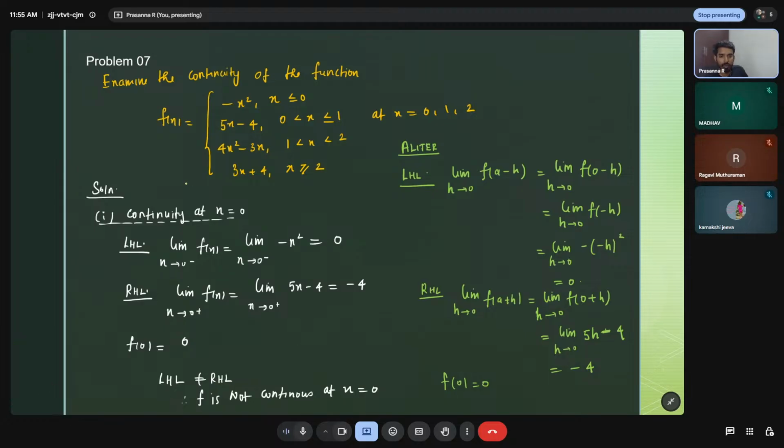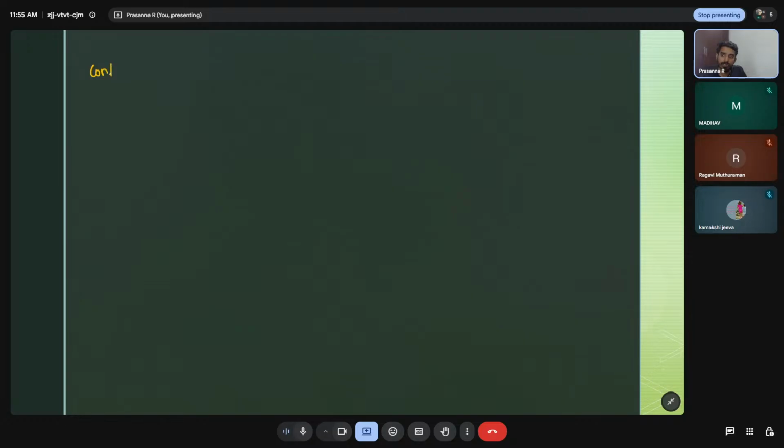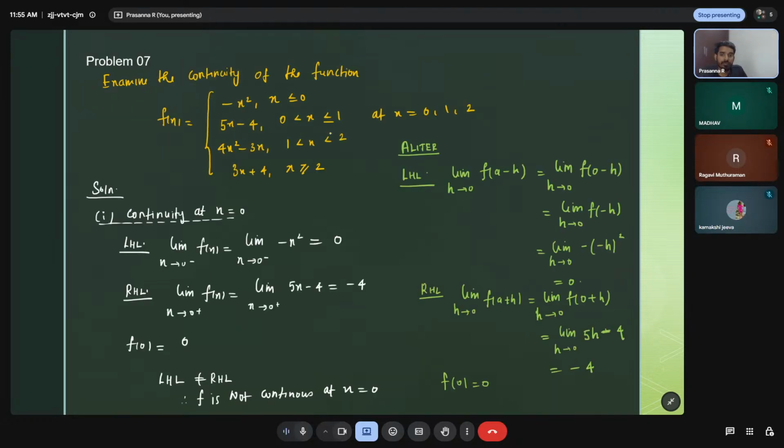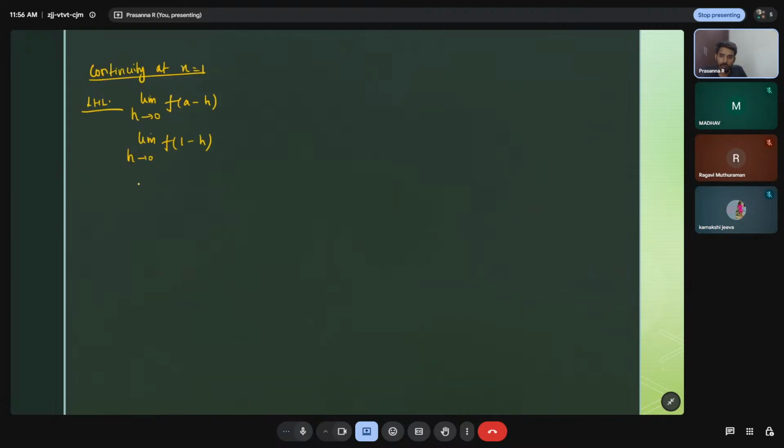Now let us take continuity at 1. I will make use of the definition to find continuity hereafter. Continuity at x is equal to 1. So first we will find LHL. So LHL is limit h tending to 0 f of a minus h. So limit h tending to 0 f of 1 minus h. So 1 minus h, where is your function? This is your function, to the left of 1, 5x minus 4.